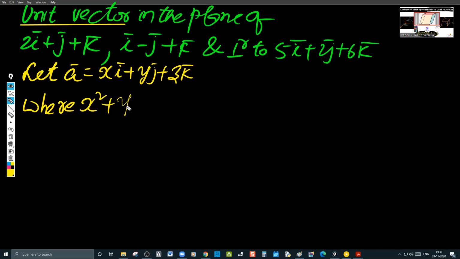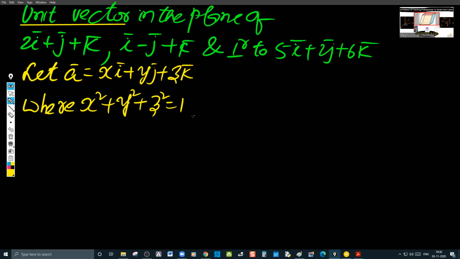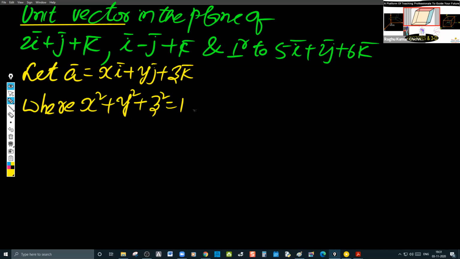Sir, it is given to be a unit vector, mod A bar is 1, no? Yes, sir. So x square plus y square plus z square must be 1. Equation 1. Keep it like this.